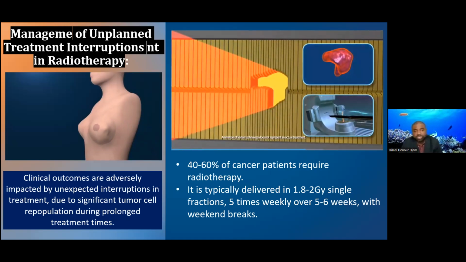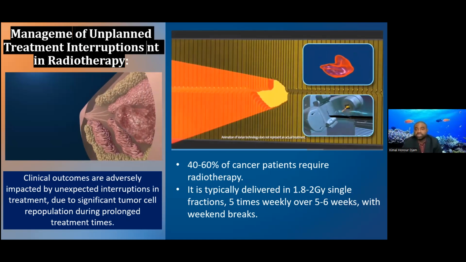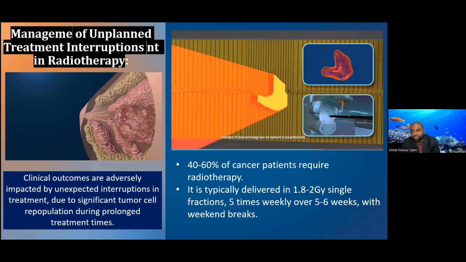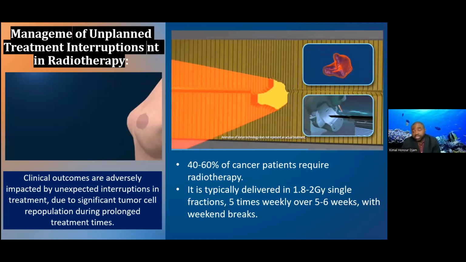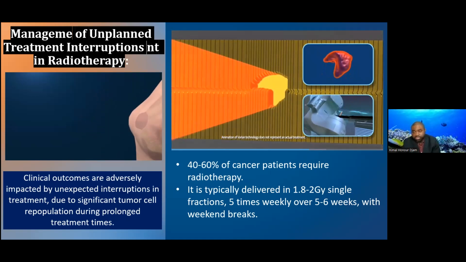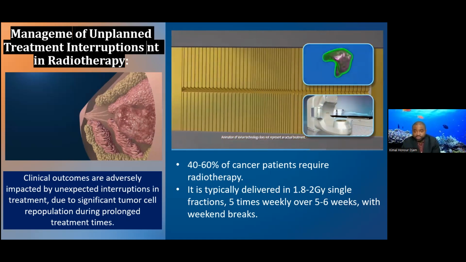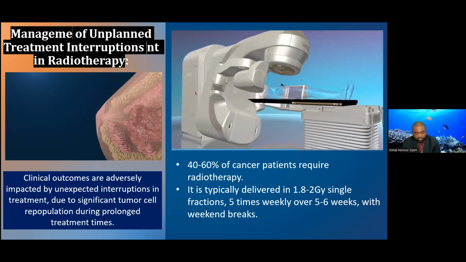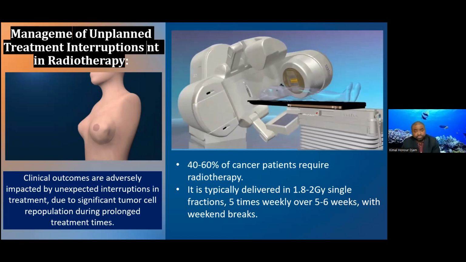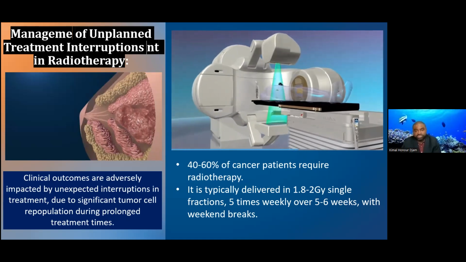Unfortunately, as we all know, unintended treatment interruptions typically occur during the course of radiation therapy, which can in most cases lead to an extended overall treatment time, which in turn, and we're going to talk about this in more detail later on, will allow for increased tumor repopulation to occur.